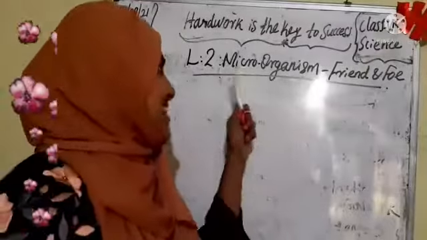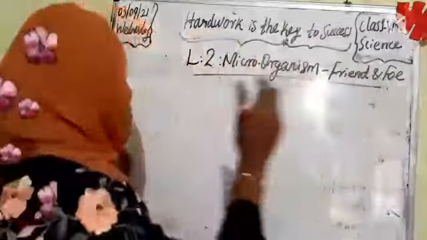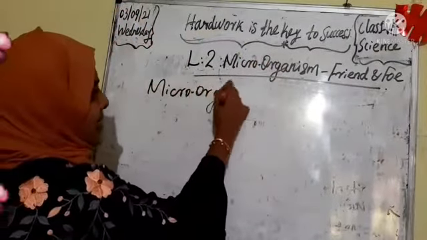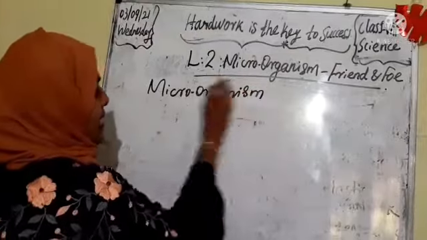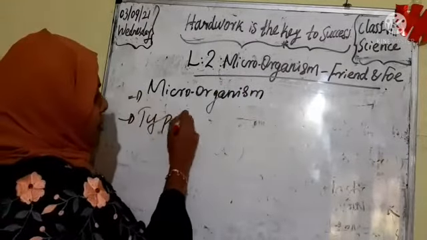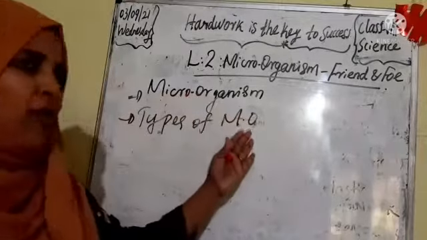Students, in this lesson 2, microorganisms, friend and foe, we are going to learn about what microorganisms are, and what the different types of microorganisms are. MO is a short form.